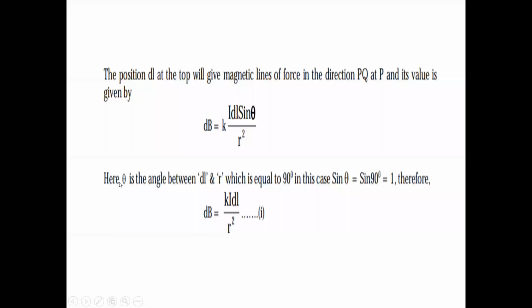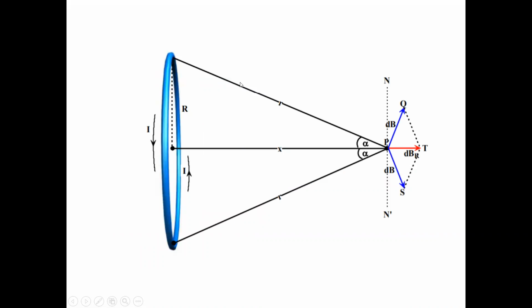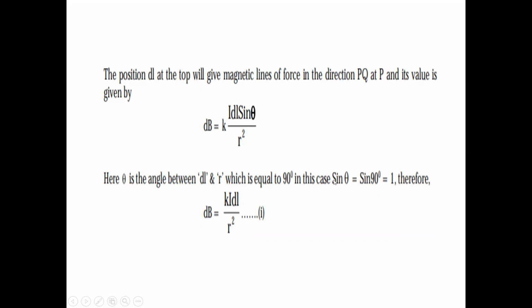Here, theta is the angle between dl and R. From this figure, this angle is 90 degrees, so sine theta is sine 90 degrees, which is equal to 1.